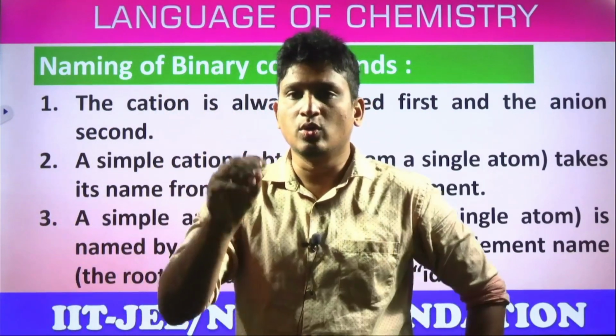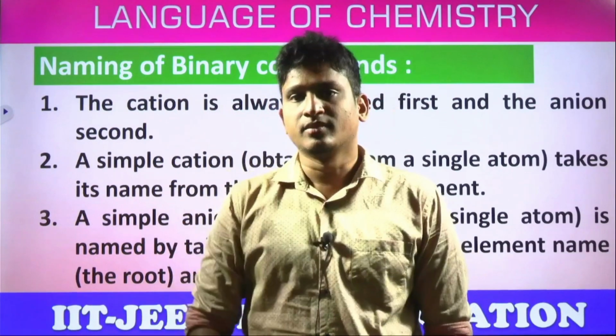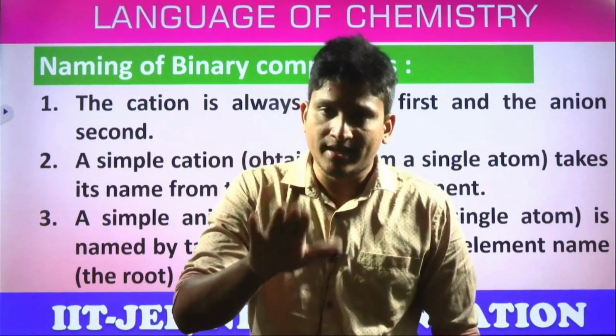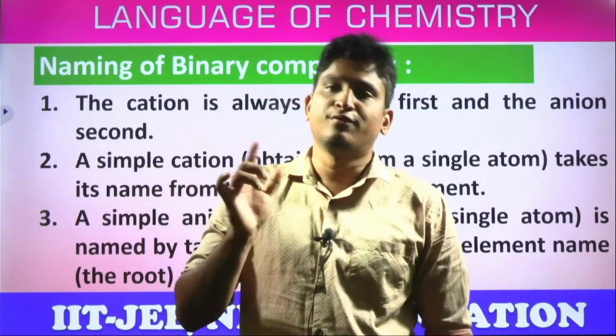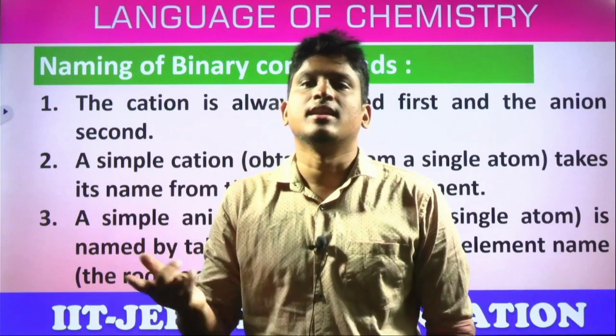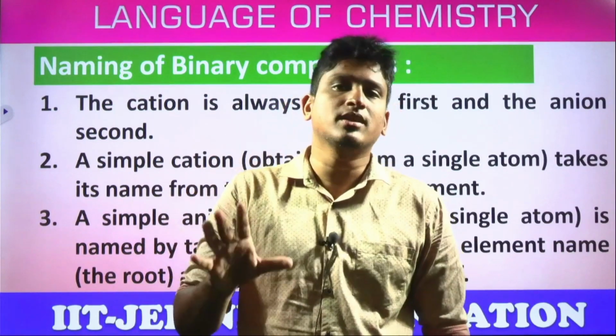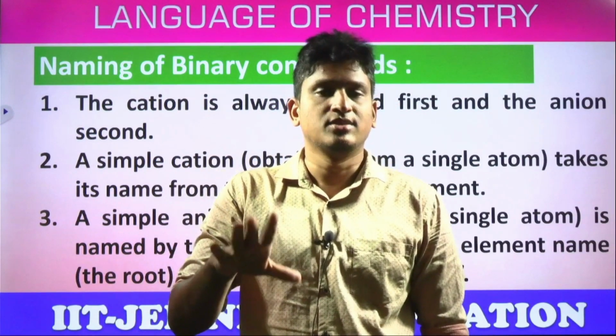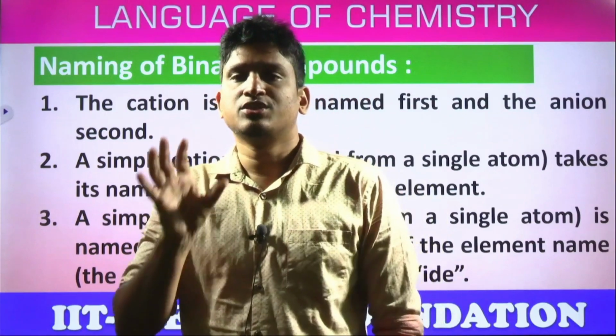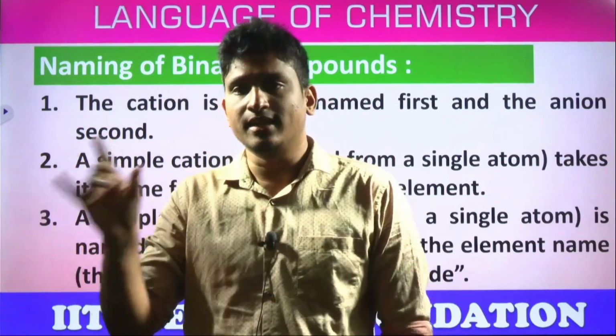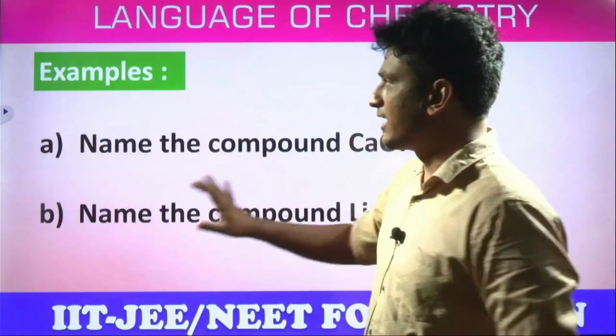For example, chlorine becomes chloride, oxygen becomes oxide, sulfur becomes sulfide, nitrogen becomes nitride, yes or no? Bromine becomes bromide. So non-metallic names should end with IDE. That is the only thing you have to remember while writing the names.